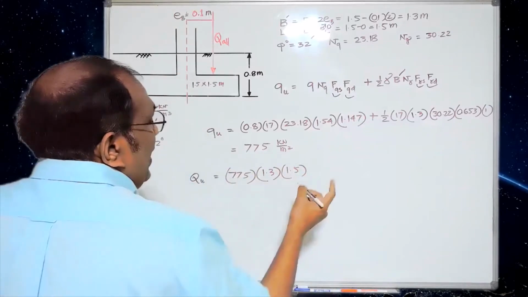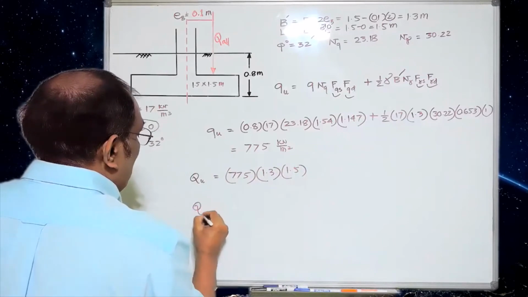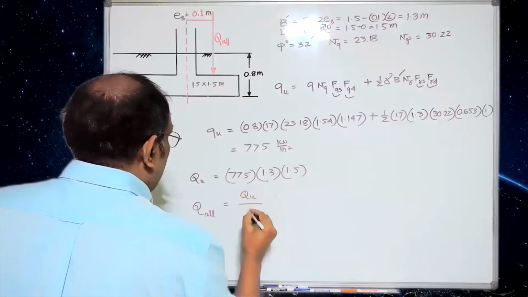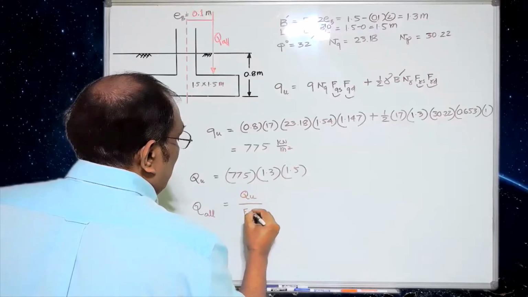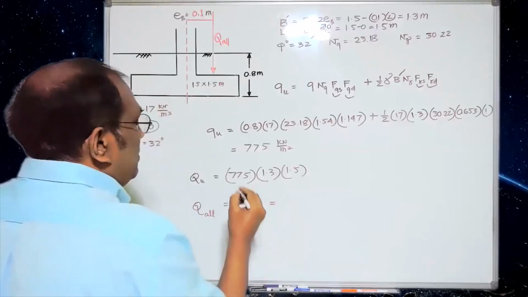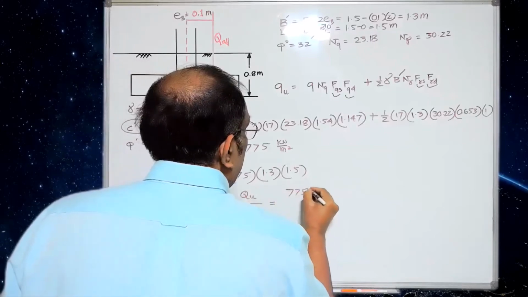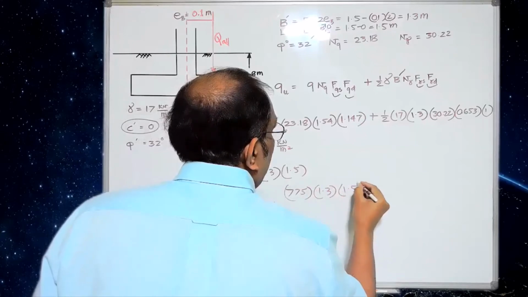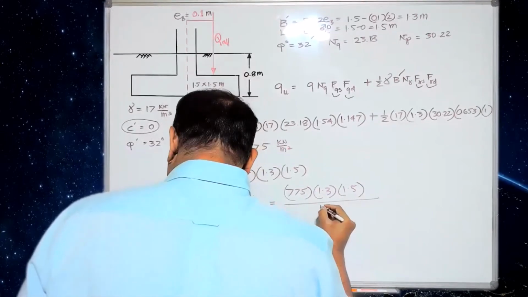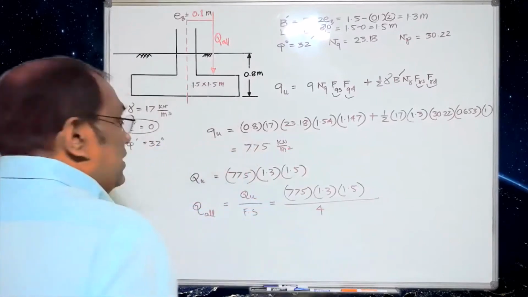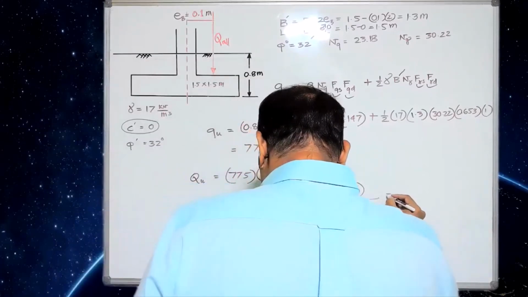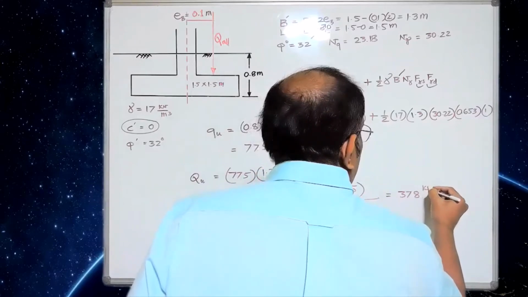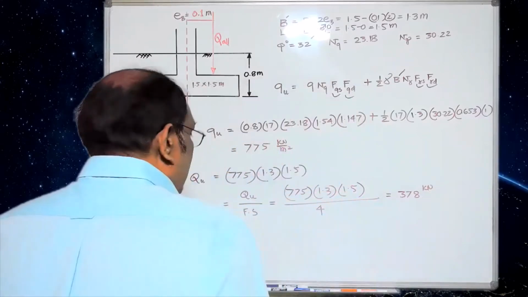Now I have a factor of safety. So Q allowable is QU divided by factor of safety, which is 775 into 1.3 into 1.5 divided by 4, where the factor of safety is given here. That is basically 378 kilonewton.